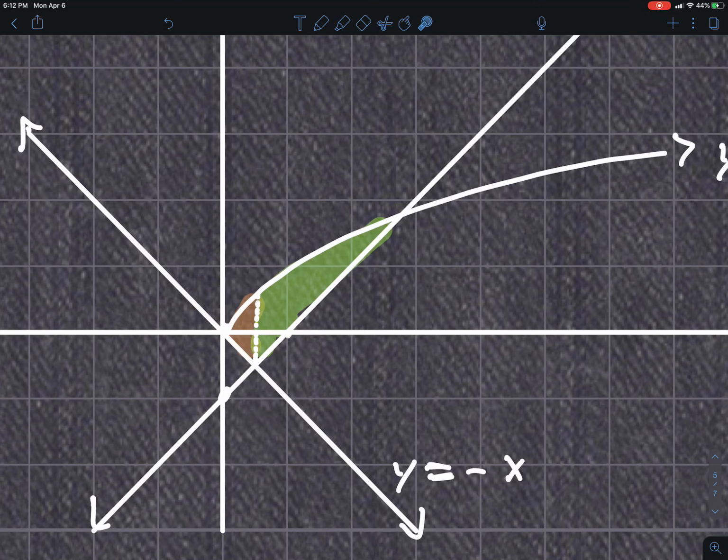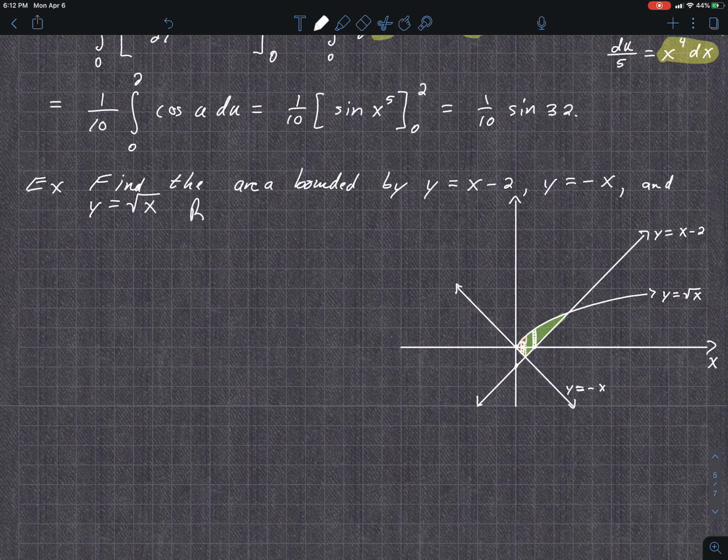So the only way you can do this one is to break it up into two separate regions. These two would be split by the x-axis, and you'd have this top portion and this bottom portion. So we might as well go this direction. We have to break this up into two separate regions and go this way. So here and here.